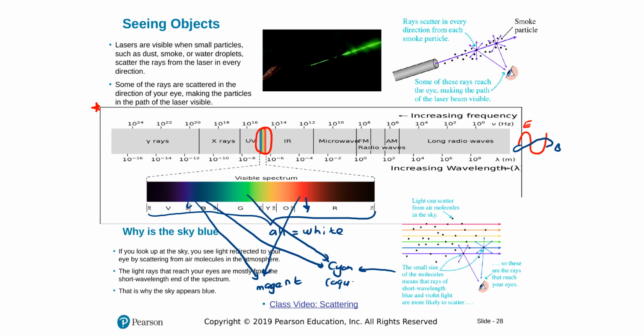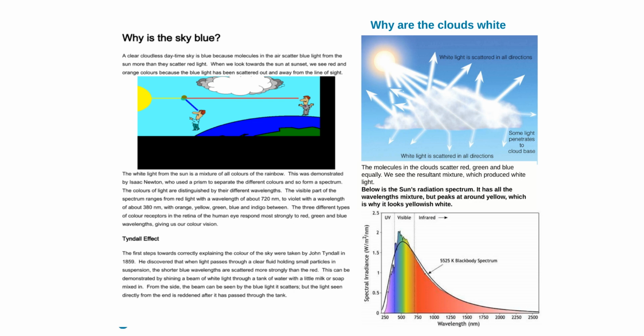So it's all about what color they are reflecting and transmitting. If they are not reflecting or transmitting any light, then we see it as black. They absorb all the light that comes in. This is why we see the sky blue as the sunlight comes in. The sun is mostly yellow, yellowish white we can say.